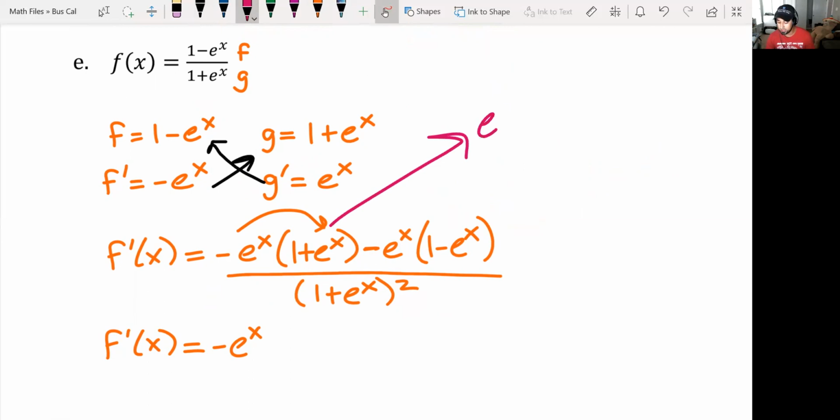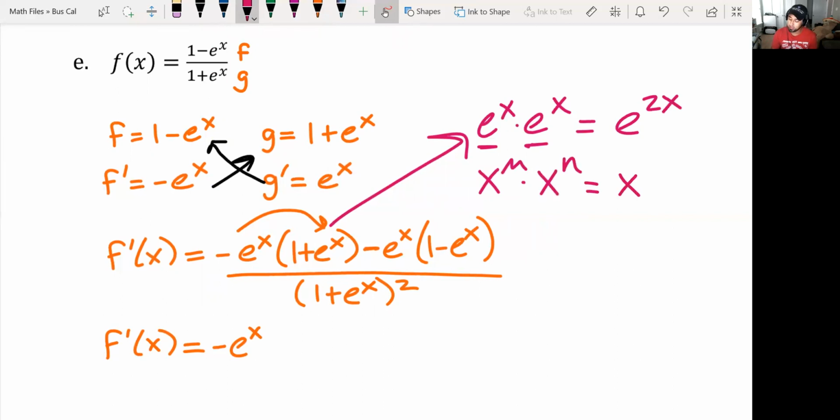When you say e to the x times e to the x, remember if you have the same base, you add your exponents. So this becomes e to the 2x. This has the same properties as x to the m times x to the n gives me x to the m plus n. So same base, add your exponents.